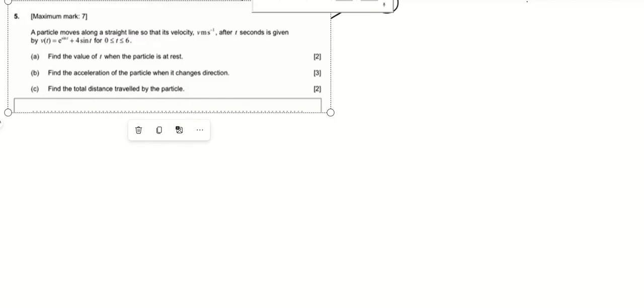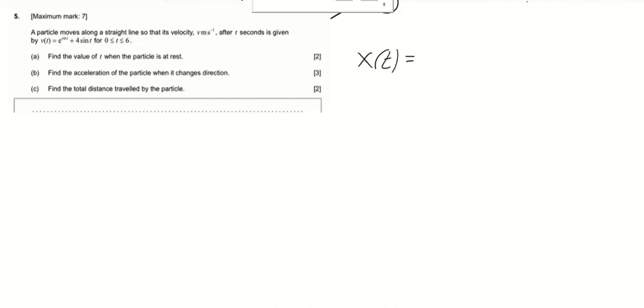Now C, we need to find the total distance traveled by the particle. For the total distance, we have a formula in the booklet: the integral from the beginning of the motion, t equals 0, to the end of the motion, t equals 6, of the velocity, but we take it in absolute value.